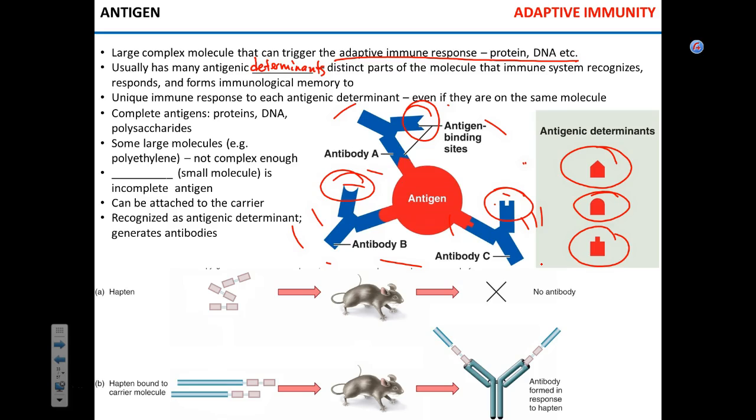That's a different story. I'm talking about allergy to milk. Allergy to a certain protein that otherwise is not recognized by immune system. Does that make sense? So that's important. And again, antigens must be large and complex. Such large and complex molecules are called complete antigens.